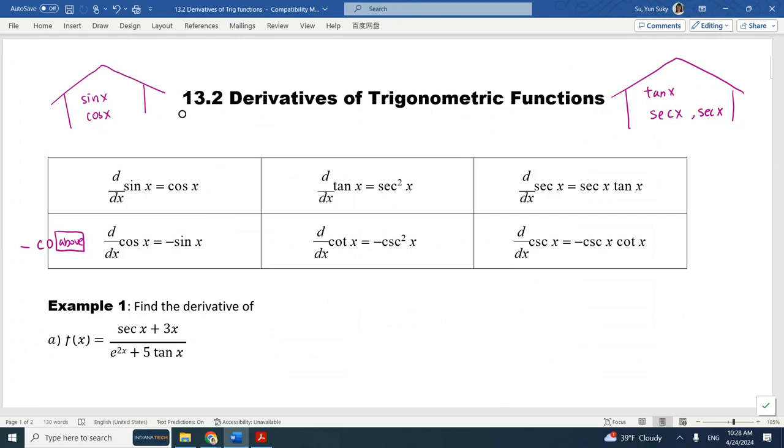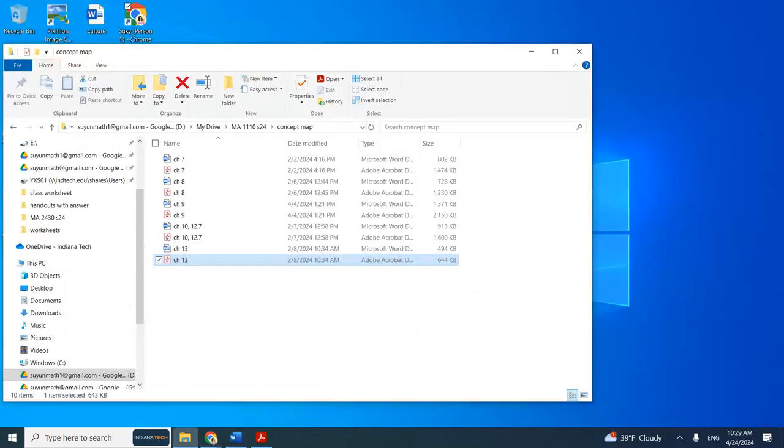Say louder. Derivative of cosine is negative sine. Derivative of cotangent is negative cosecant squared. Derivative of cosecant is negative cosecant cotangent. Okay, everybody?